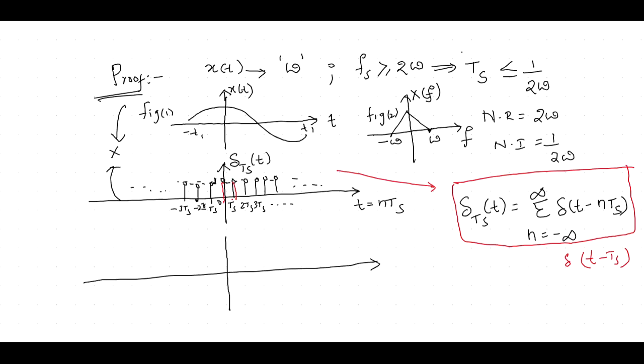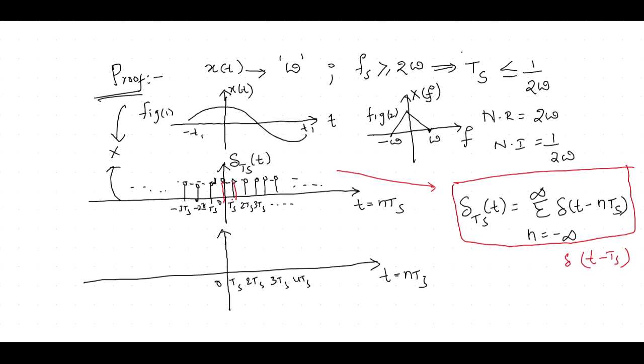t equal to nTs only here, integer multiples of sampling intervals. So whatever amplitudes are there, all these amplitudes are existing only at Ts, 2Ts, 3Ts, 4Ts, so on, right?